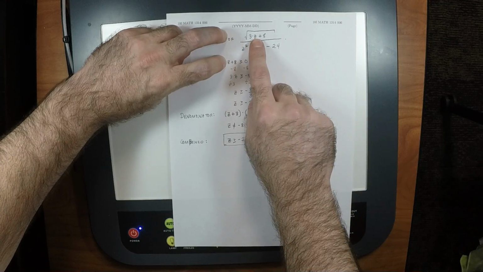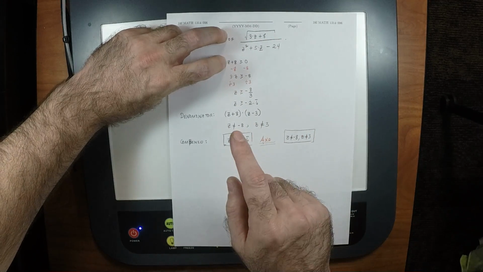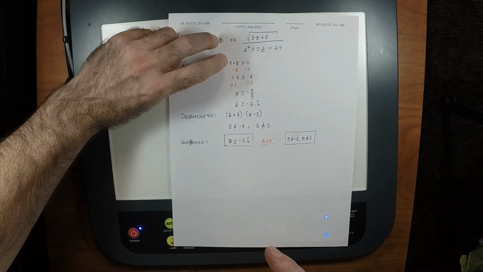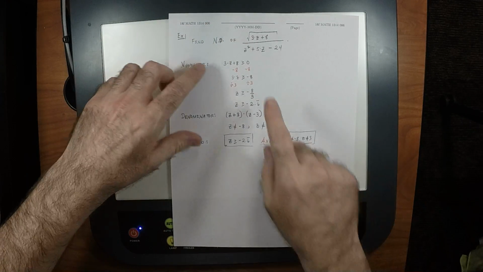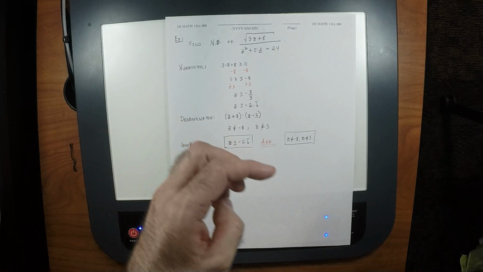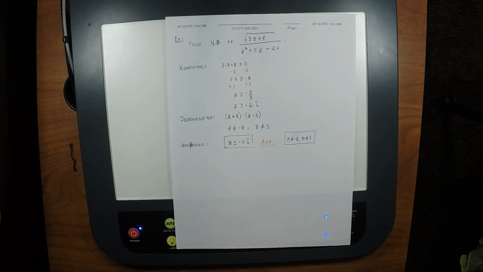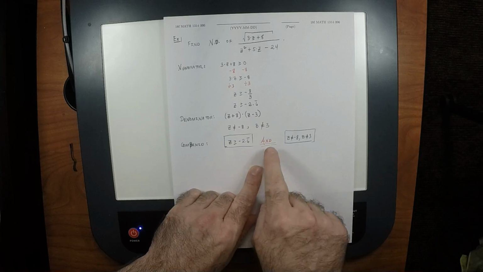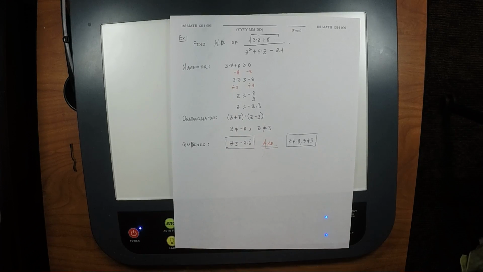That'd be 3 times 3 is 9, plus 8 is 17. Square root of 17, that's a thing. That's fine. But it would cause a division by 0 because of the denominator. So it's not okay to do 3. It's and, right? It's and.